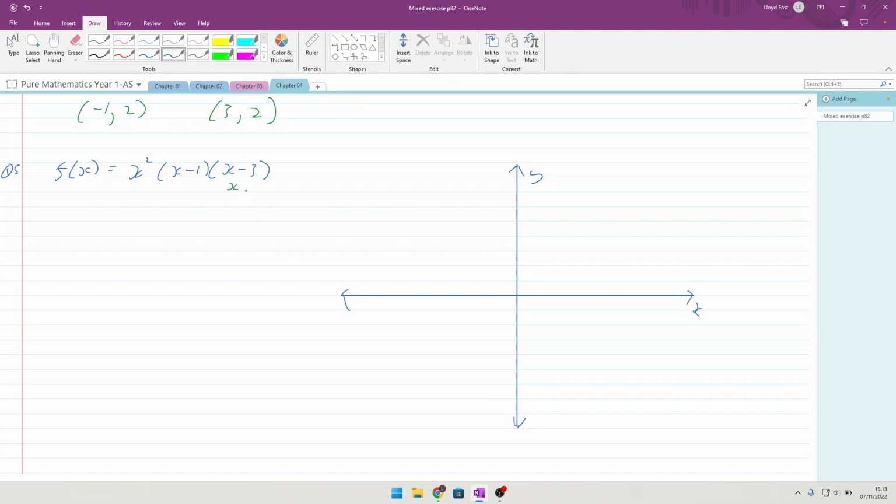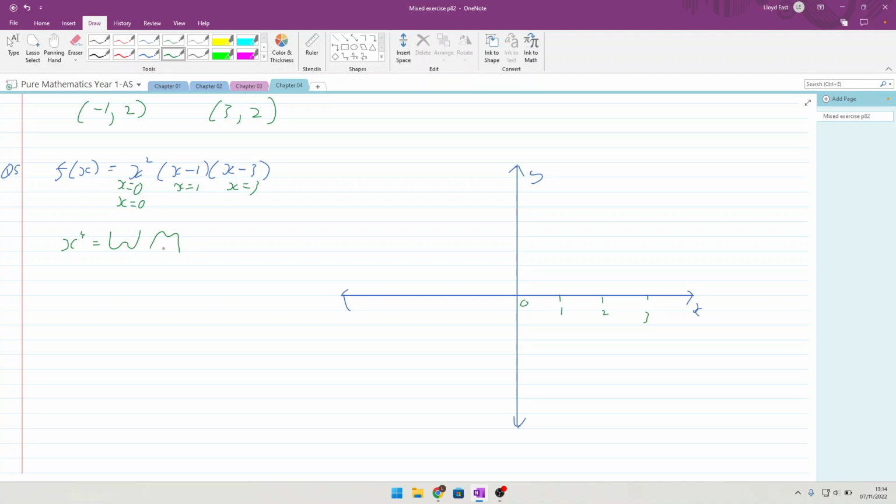We've got x equals 3, x equals 1, and x equals 0 twice. Okay, so we have got 0, 1, and when we multiply this out, we are going to have a power of 4. So x to the power of 4 is a W or an M.